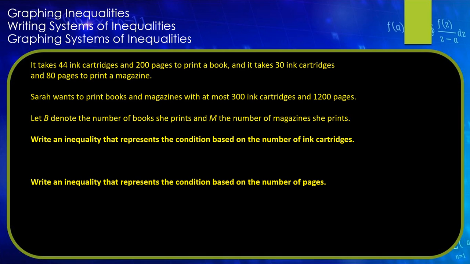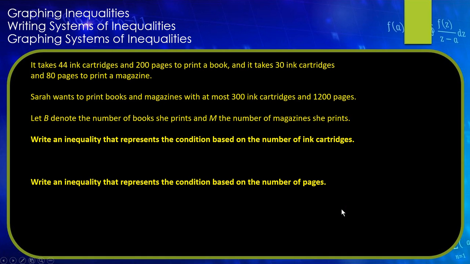Okay, so the two things that are limiting how many things she's going to be able to print all together. I mean, she's printing magazines, she's printing books. Okay, you know how many ink cartridges and pages it takes to do a book and a magazine, and you know how much she has at her disposal to make use of.